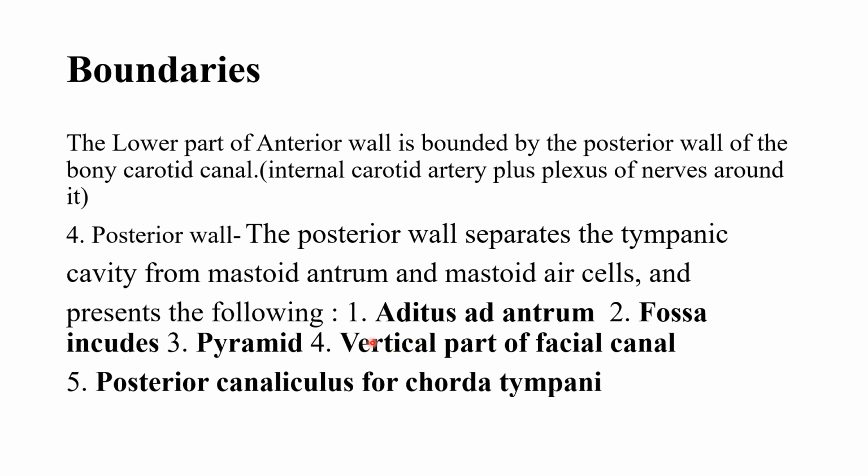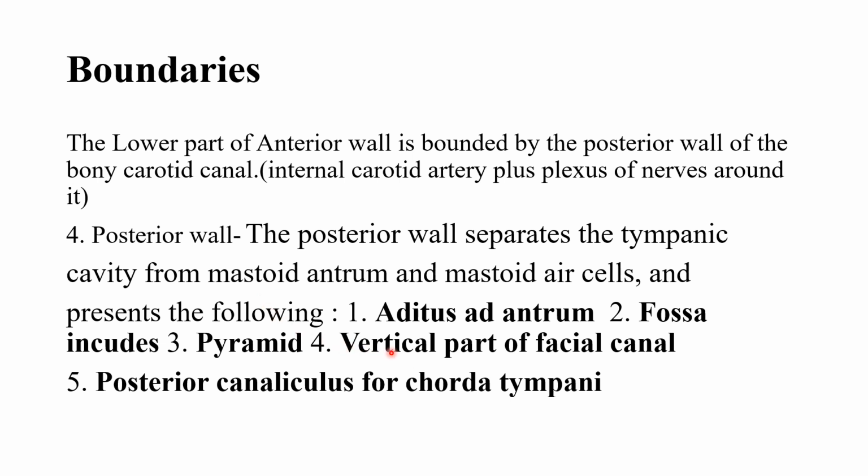Then there is a fossa incudis, which is a small depression and it lodges the short process of the incus, that is an ear ossicle. Then there is a structure called the pyramid, which is a conical bony projection. All this is present below the aditus and it contains the stapedius muscle.